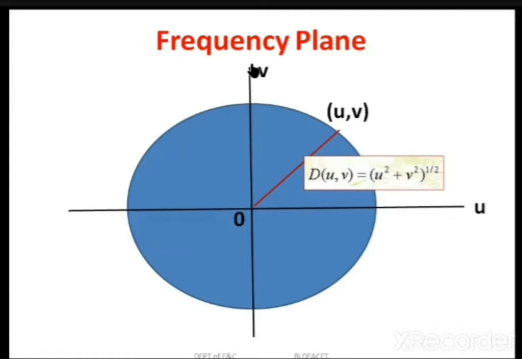In the time domain or spatial domain, the variables we used were x and y, but in the frequency domain we use u and v. And this is the origin of the frequency plane, the intersection point.